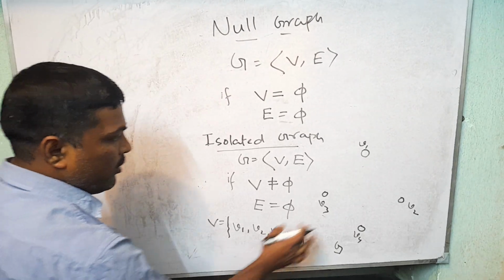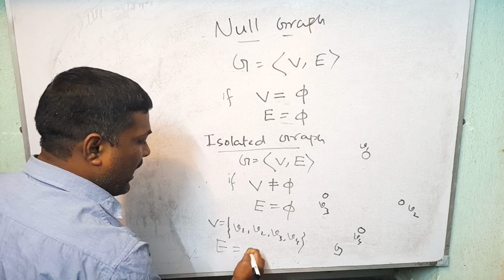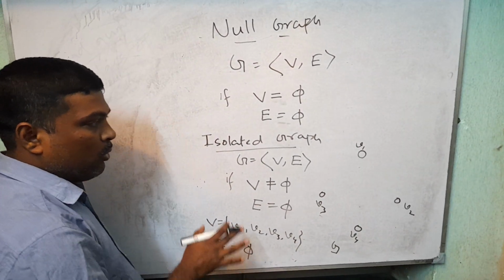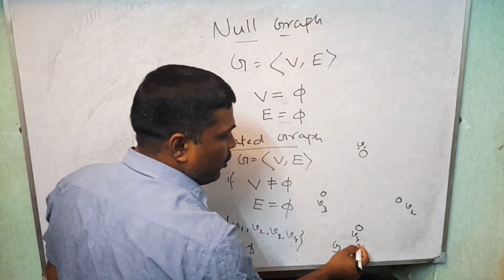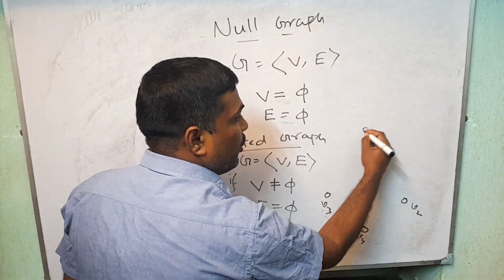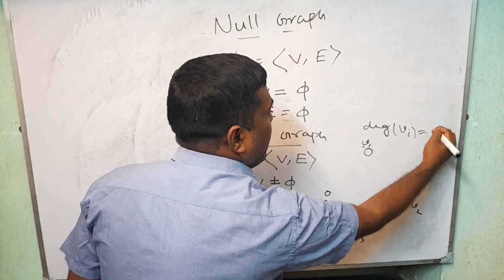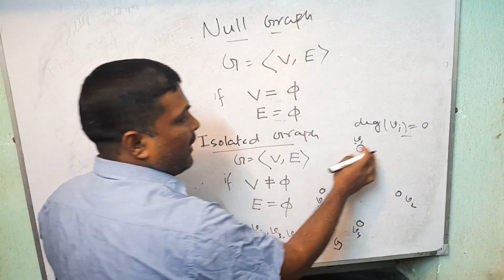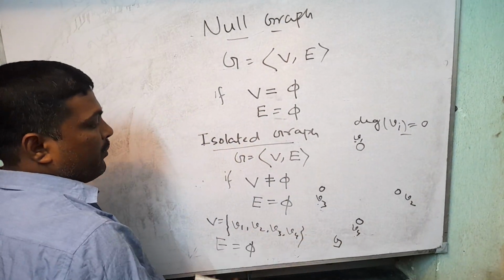And the edge set is empty, as there is no edge. This is one example of an isolated graph. So in an isolated graph, the degree of each vertex is 0, because there is no edge.